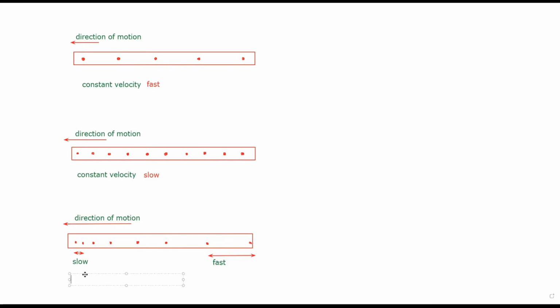So what is this motion, do you think, it is called? What do I call this motion? At first very slow and then getting faster and faster and faster.